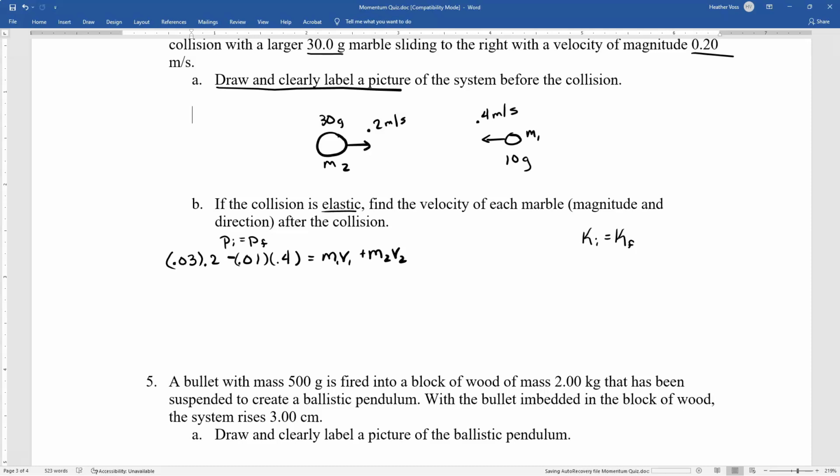If I look at my nice happy random number generator, 0.03 times 0.2 gives me 0.006. 0.01 times 0.4 gives me 0.004. So that gives me a difference of 0.002 for my momentum. That's going to equal mass 1, velocity 1, plus mass 2, velocity 2.